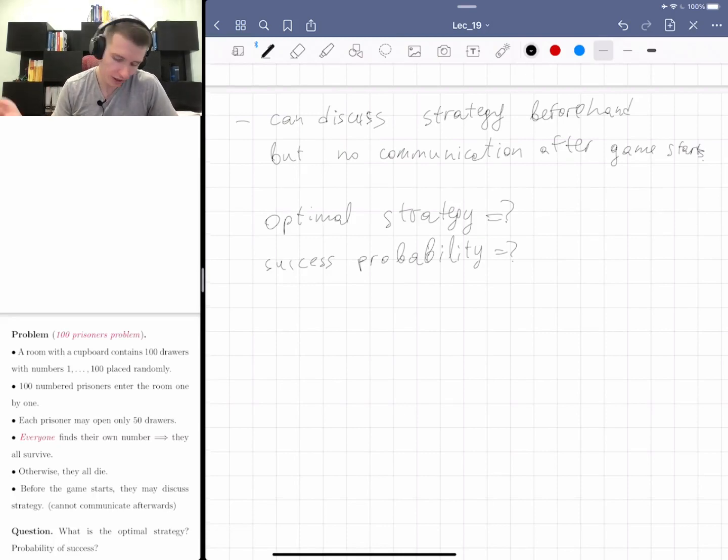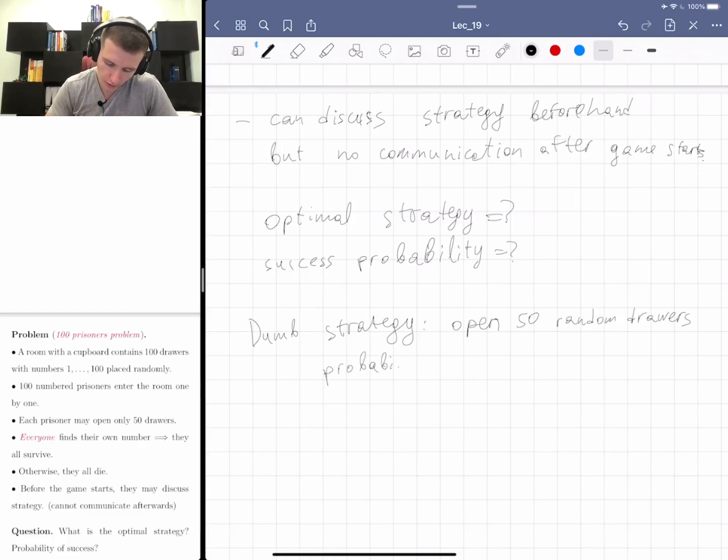But I can tell you one strategy, which I'm going to call the dumb strategy: you open 50 random drawers, and the probability that you're not all going to die is 1/2 to the 100, which happens to be a very small number, right?